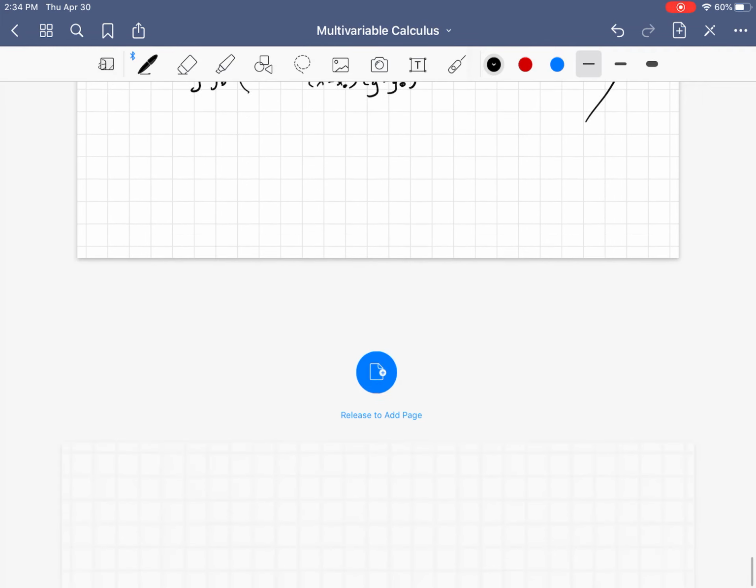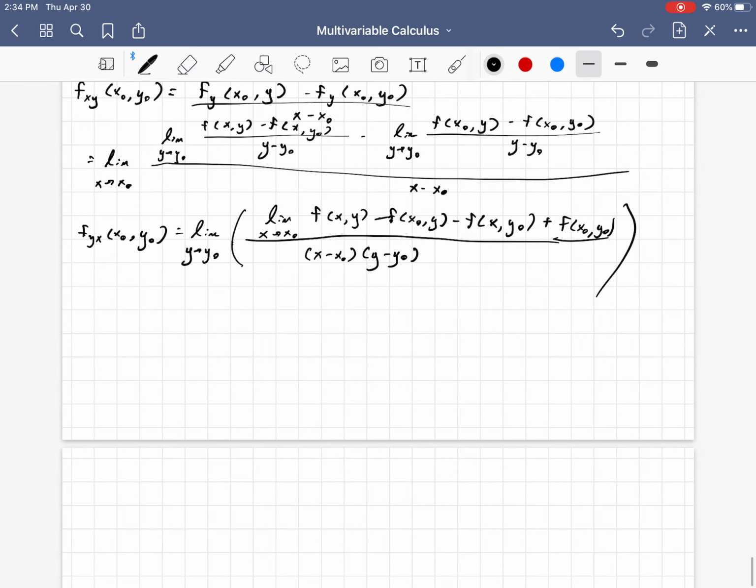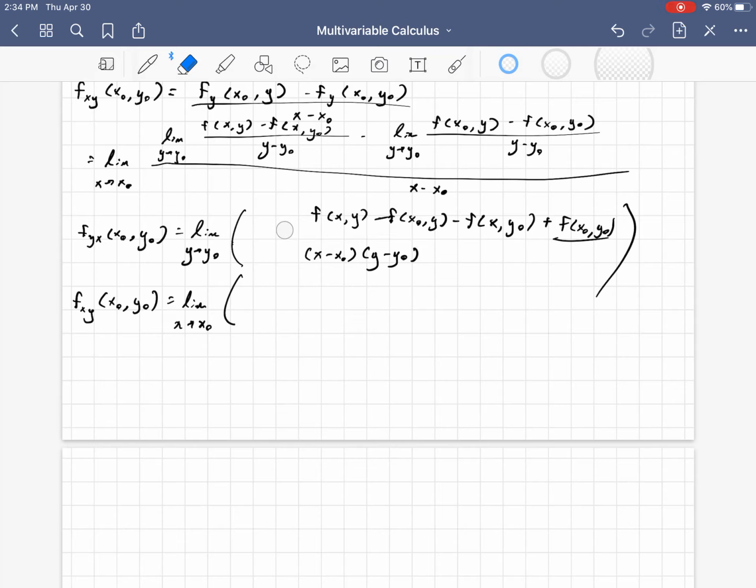Okay, and so likewise what we'll find is that f sub xy evaluated at x naught comma y naught is going to be the limit as x approaches x naught, my bad, of, and now actually what I can do here is I can write this one, the limit as y approaches y naught of the limit as x approaches x naught of all of that.